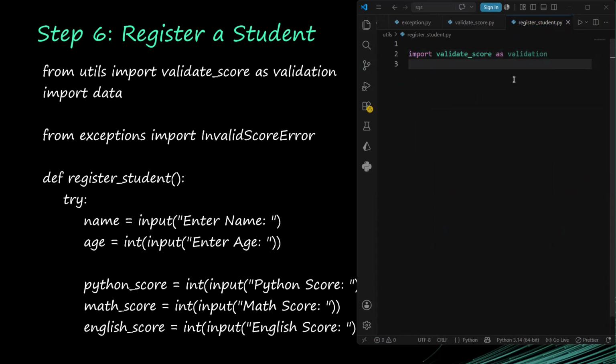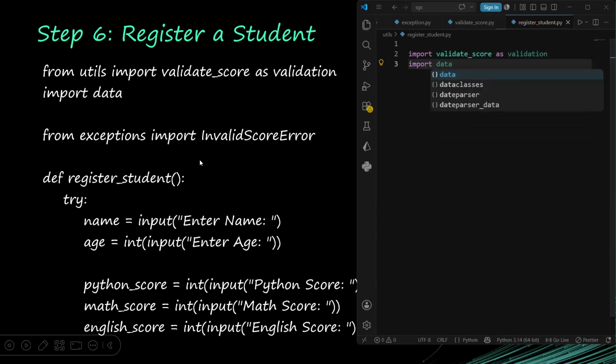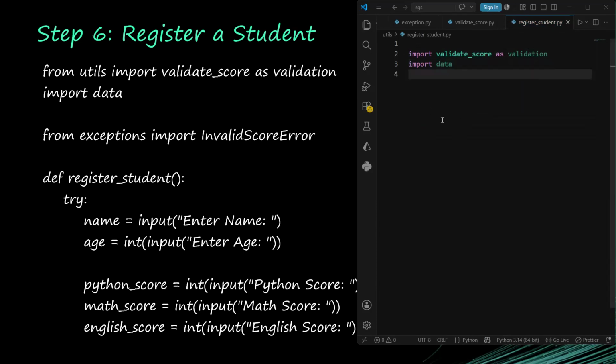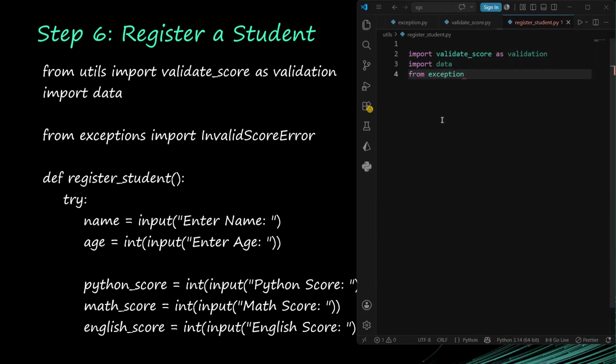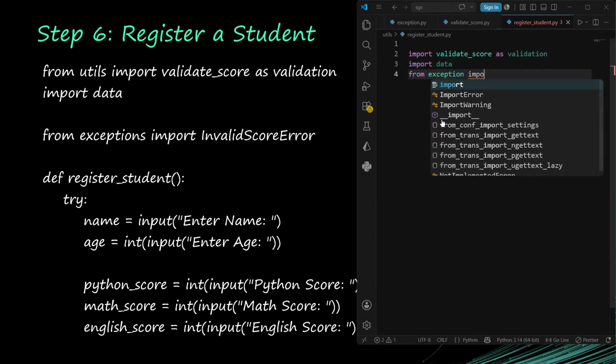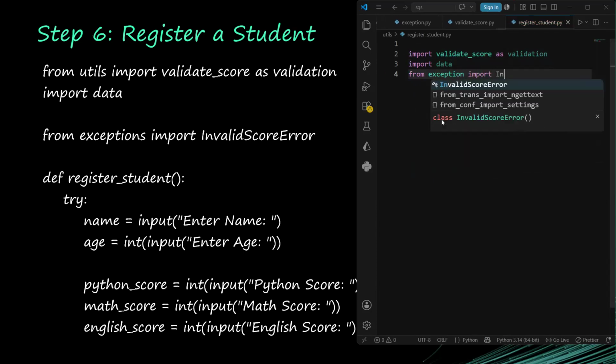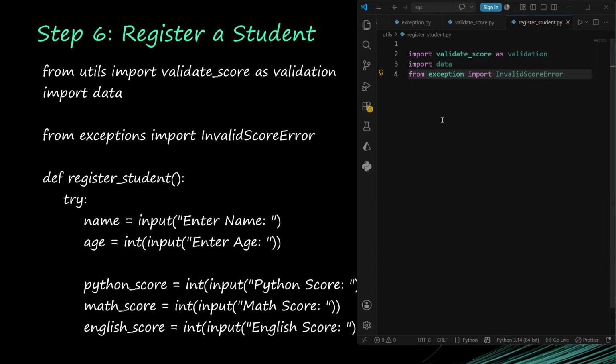And then I would also import from exceptions because I'll be using exceptions. From exceptions, I want to import InvalidScoreError.